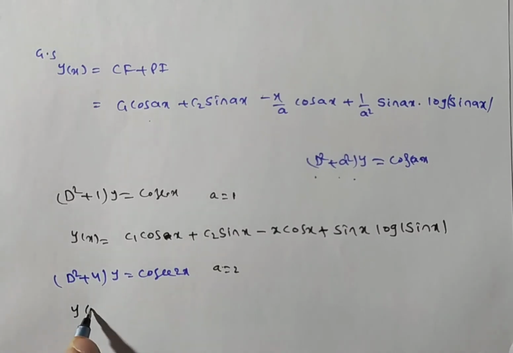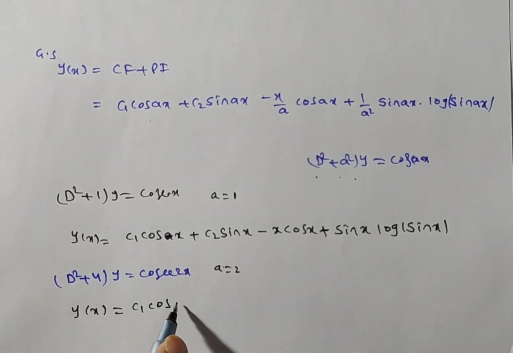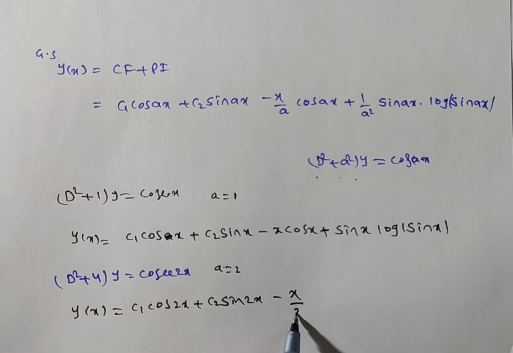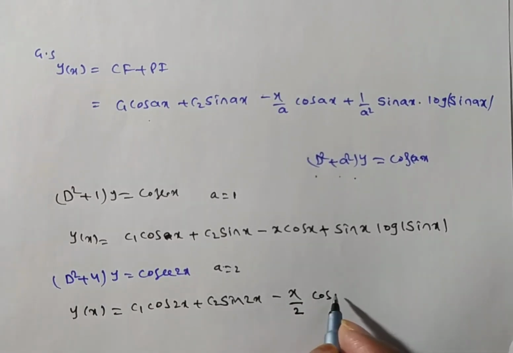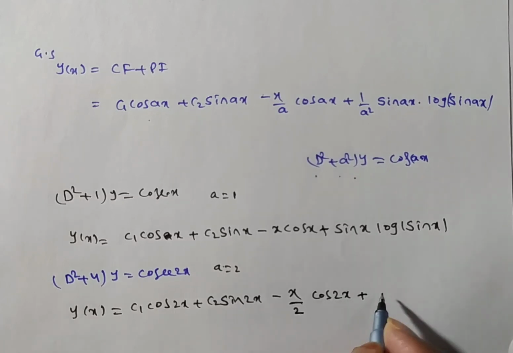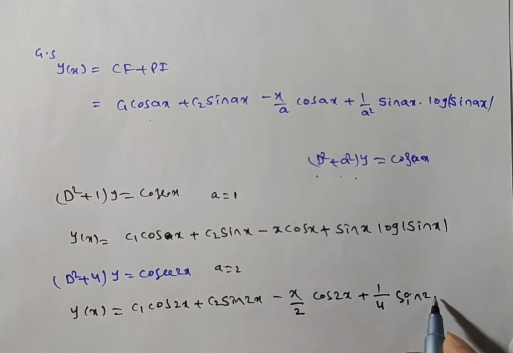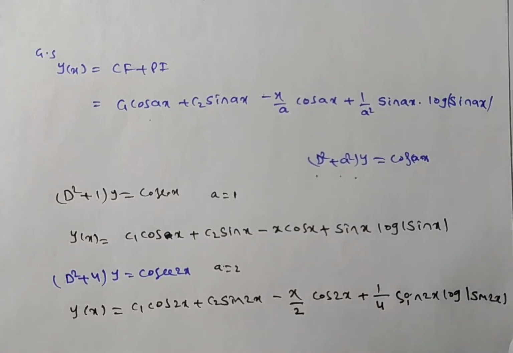Then you have the general solution y of x is equal to c1 cos 2x plus c2 sin 2x minus x by a, means 2 cos 2x, plus 1 by a square is nothing but 1 by 4 sin 2x into log of mod sin 2x. Is it clear for everyone?